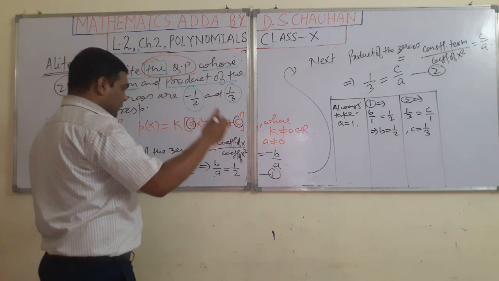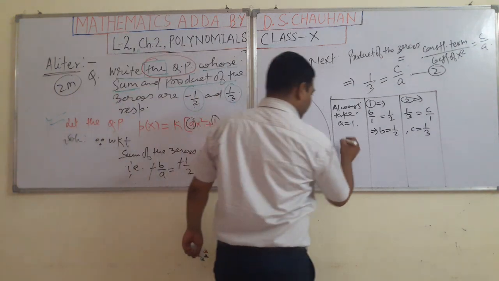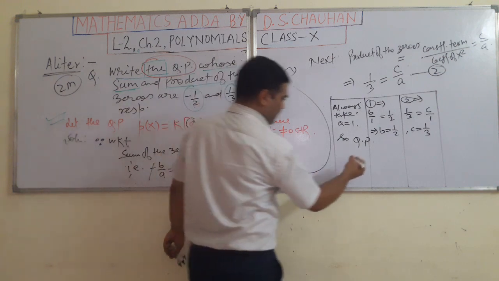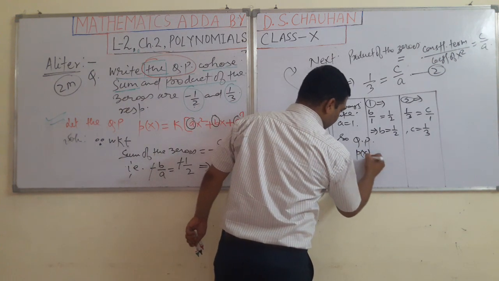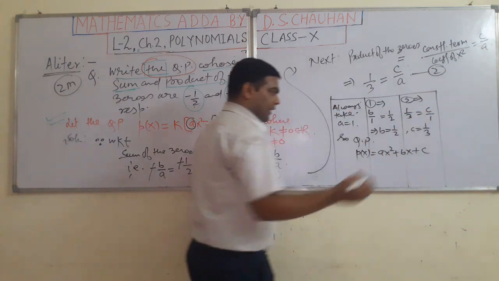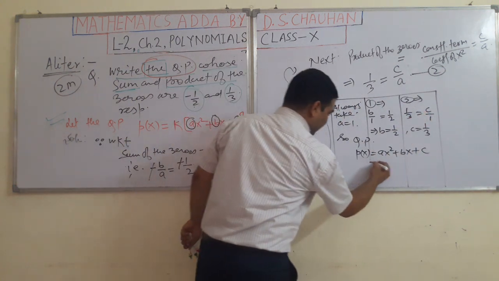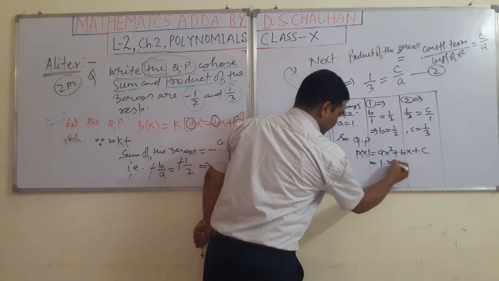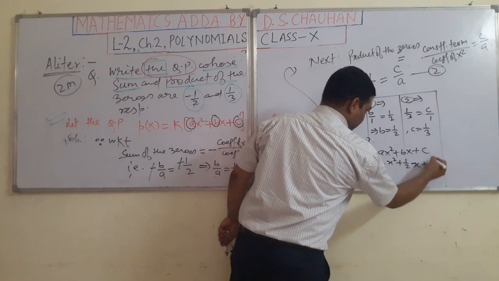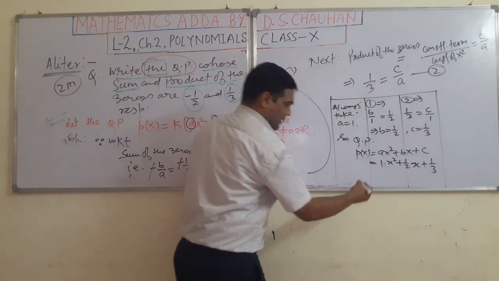So what will be the quadratic polynomial? Look, Px equal to ax square plus bx plus c. Now put the values of a, b, c. a is 1, b is 1 by 2 into x and c is 1 by 3. You can simplify it.